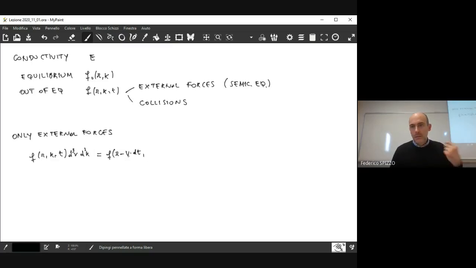So the position, if we go back in time by an amount equal to dt, can be predicted by the equation of motion. So concerning the position, we use minus v dt to go back in time.